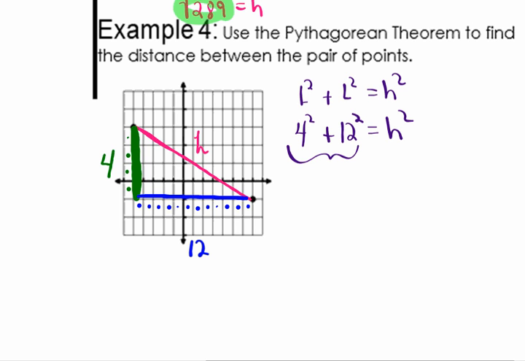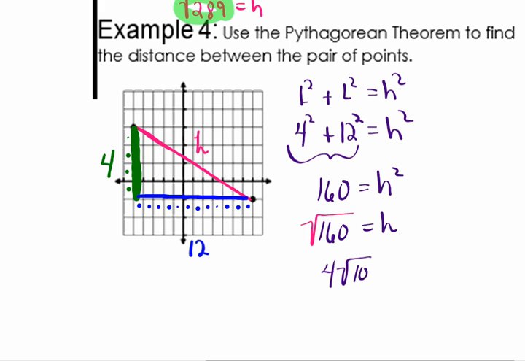Type this part only into the calculator, and you're going to get 160 equals hypotenuse squared. Undo the square by writing the square root of 160 equals the hypotenuse. And when the calculator types it all out for us, I get 4 square root of 10 is equal to the hypotenuse. And you're done.